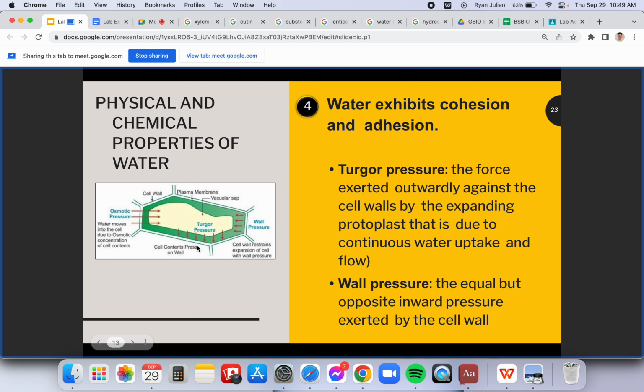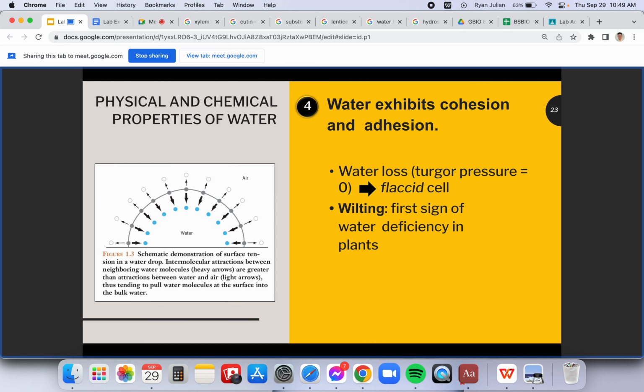Again, turgor pressure is the pressure that occurs outward of the cell, while the wall pressure is the opposite of turgor pressure. It enables water to be inside the cell until the water becomes accumulated in the plant cell. All right.